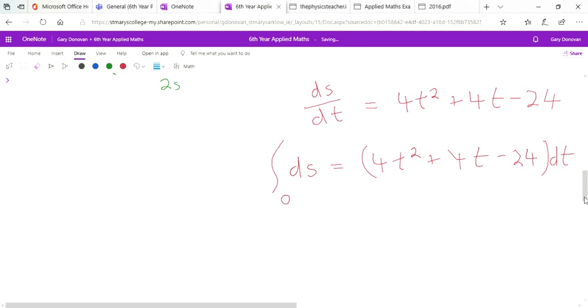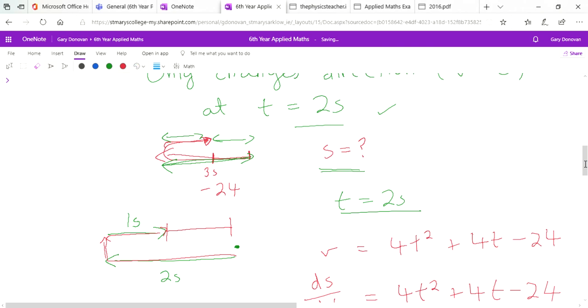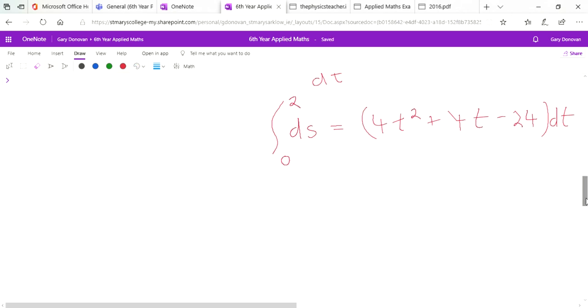I'm going to integrate. Initial displacement was 0. We're looking for the displacement after 2 seconds. The reason I'm picking 2 is because we want to figure out this distance first of all. How far did it travel in the first 2 seconds? Or what we could do actually is get an equation for s first, s in terms of t, that might be better.